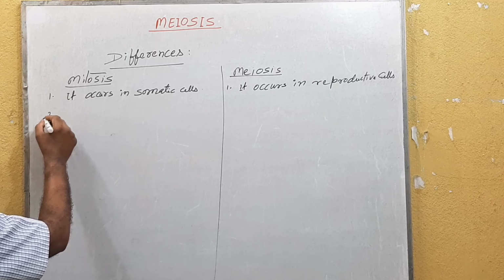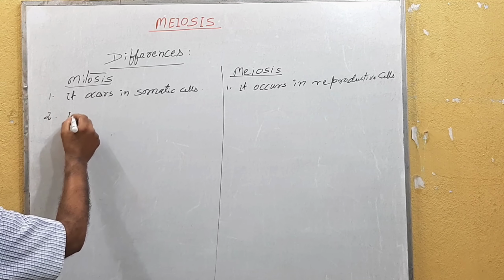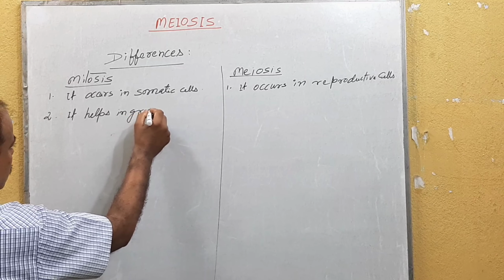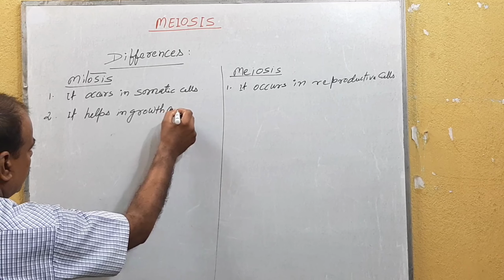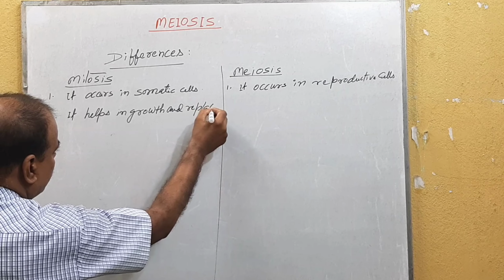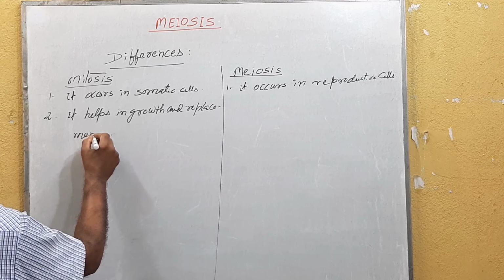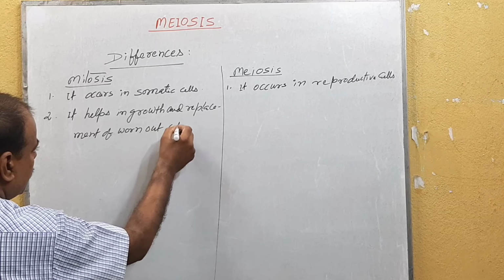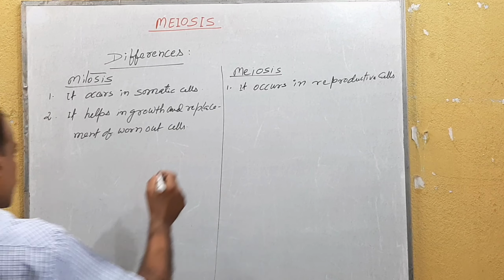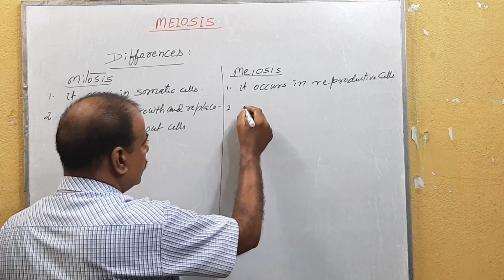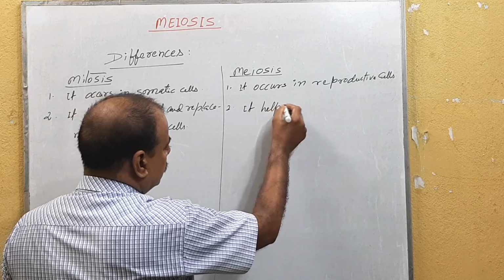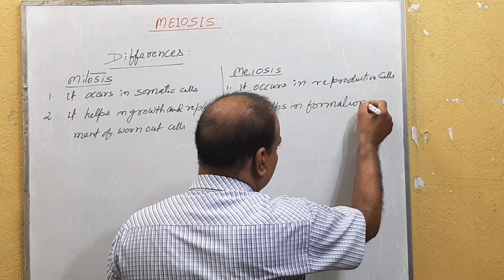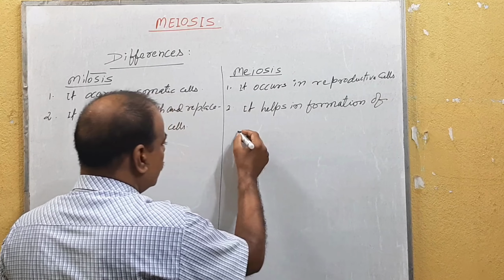Number two, mitosis helps in growth and replacement of worn out cells, whereas meiosis helps in formation of gametes.